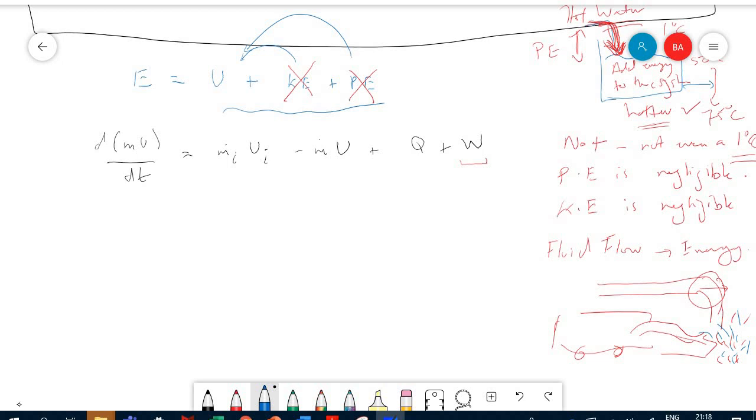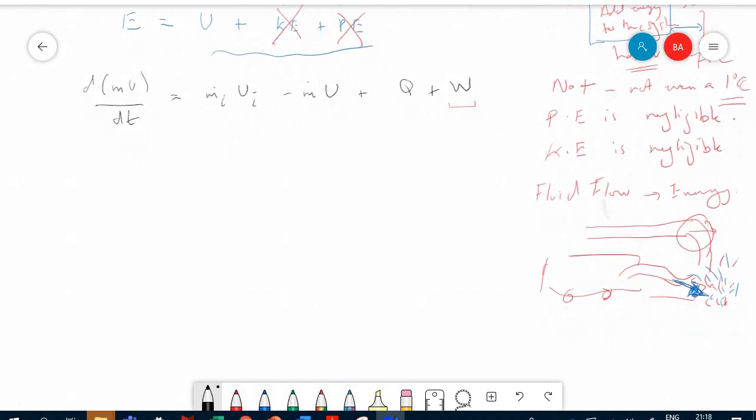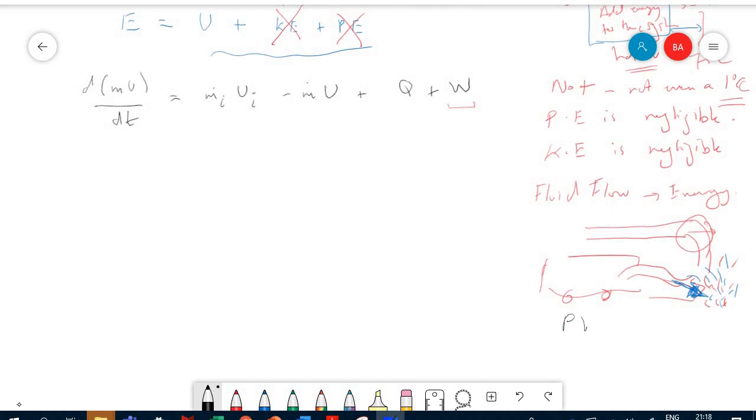So there's a very high fluid flow. If you stand here, you cannot withstand the pressure that's coming and pushing you. It's high energy. So simply what we're trying to say here is that W is this fluid flow work, or they call it the PV work.